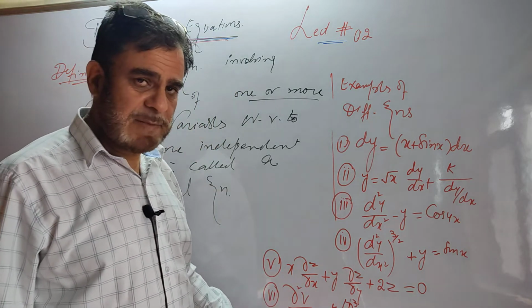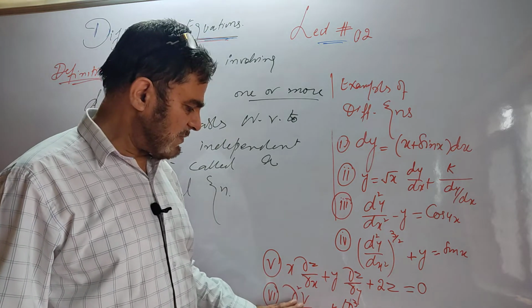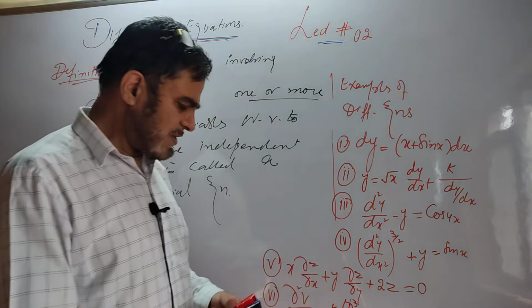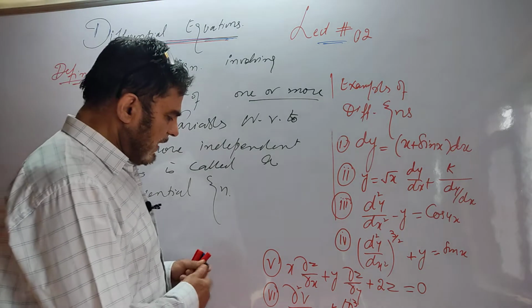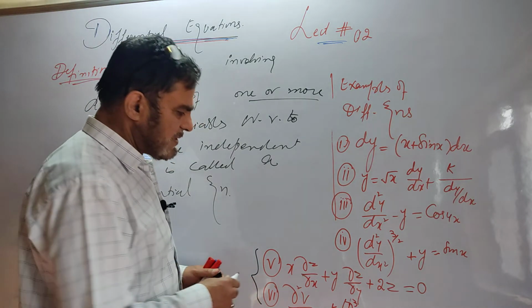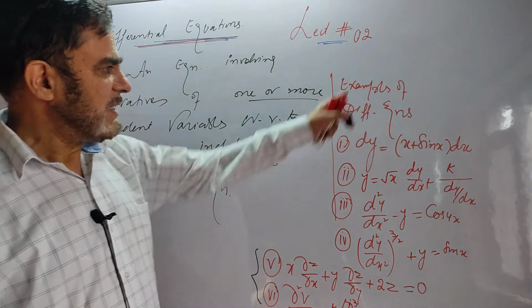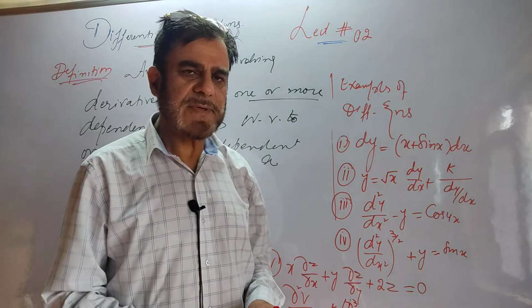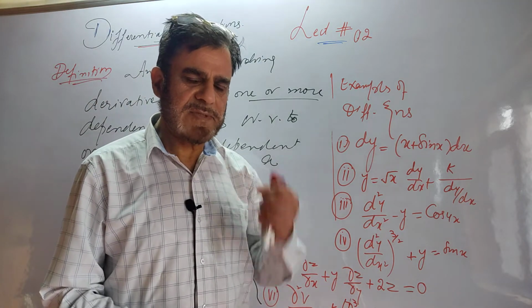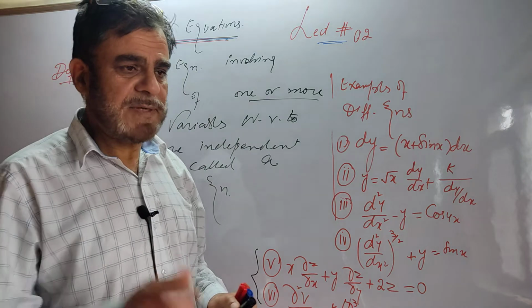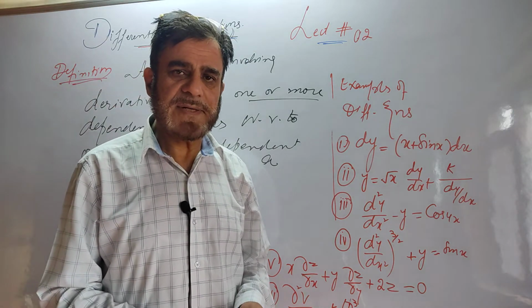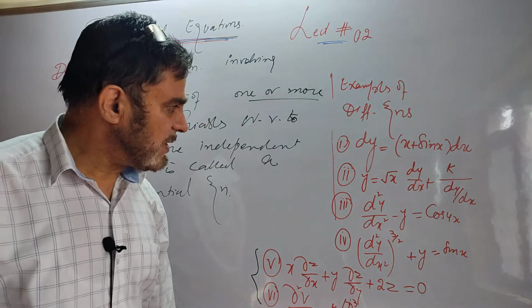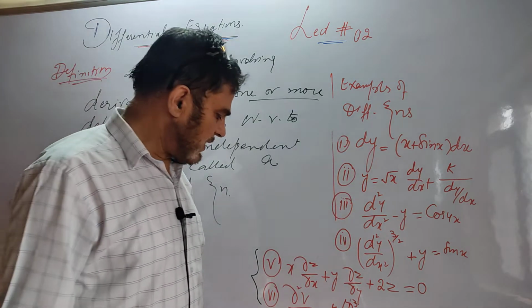Here the independent variables are t and x, and the dependent variable is v. These two equations involve partial derivatives, and we say these are partial differential equations. Ordinary differential equations are those where an equation involves the derivatives of one dependent variable with respect to one independent variable. I have quoted these examples here.